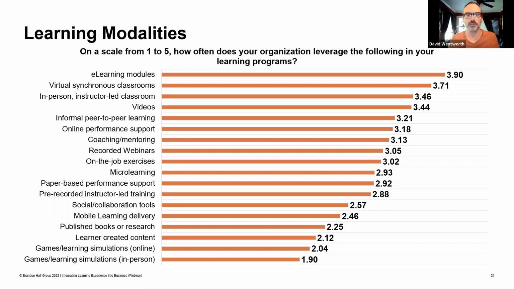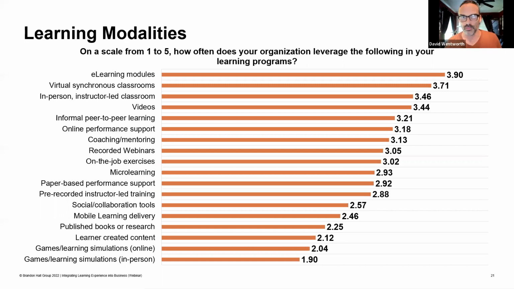We asked, how often does your organization leverage these in your learning programs? This is on a scale from 1 to 5, so you've got the weighted average number here. But not surprisingly, e-learning modules, number 1, virtual classrooms, number 2, in-person instructor-led classrooms still hanging on there at the top, which is fascinating. Because obviously, when I asked this question in 2019, ILT was at the top, and it was a massive gap between ILT and everything else.